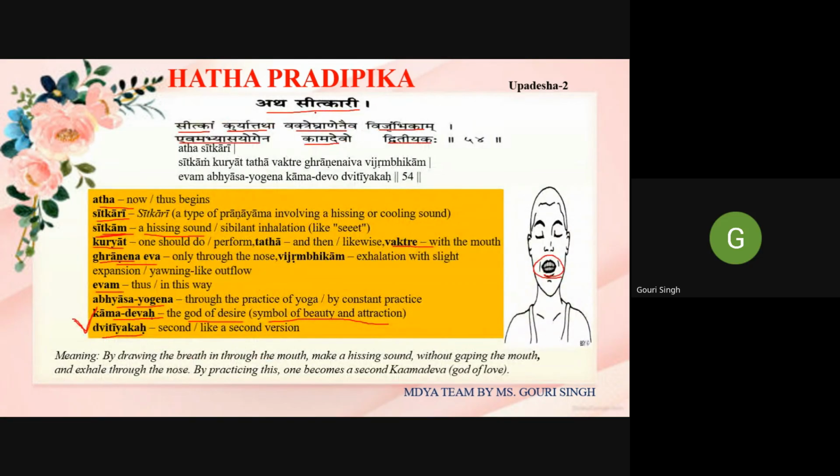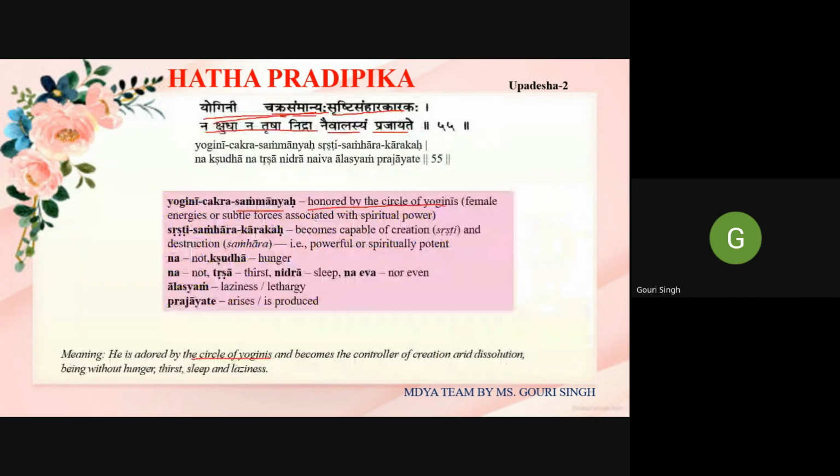If we link to the previous sloka, where you become like Kamadeva, the god who is very attractive, automatically all women are attracted to that person. In the same way, yogini chakra samanya means all females become attracted to that person. In that way it is also defined.